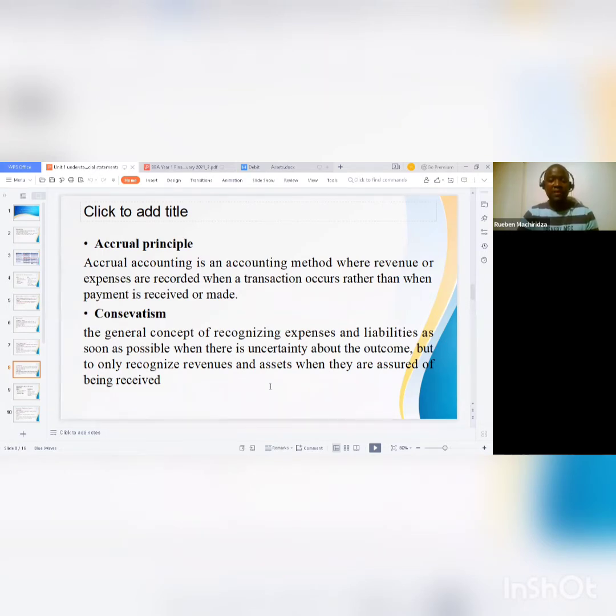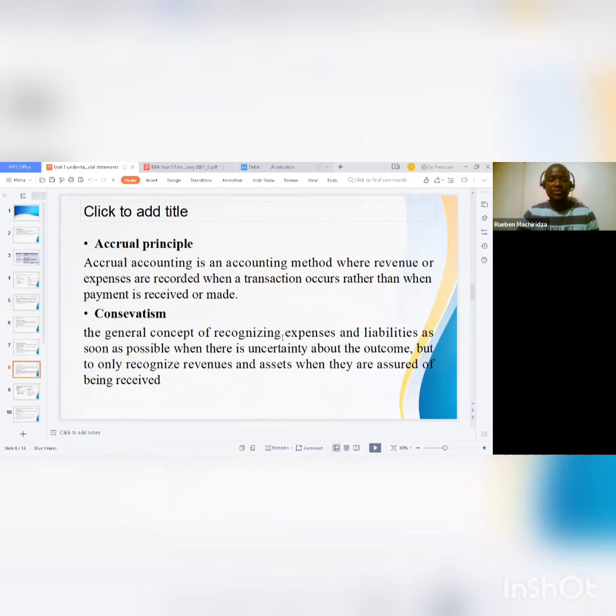So it's like we are operating from a disadvantaged position. We do not want to expect more than what we are going to get. We want to recognize revenue only when we realize it, but we recognize expenses whenever we think that we are going to incur them.